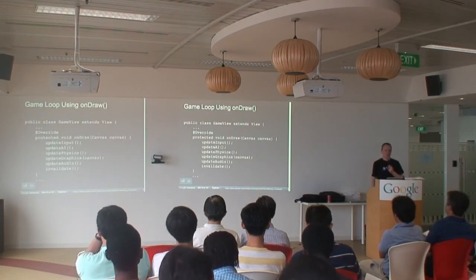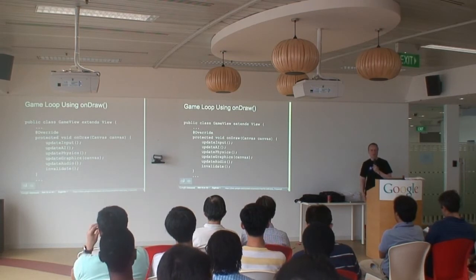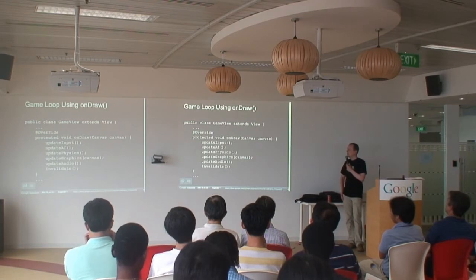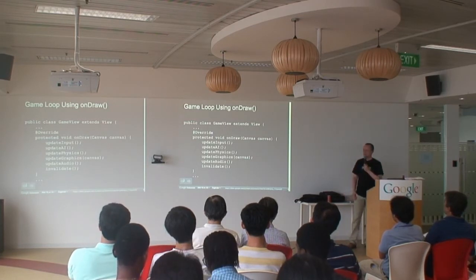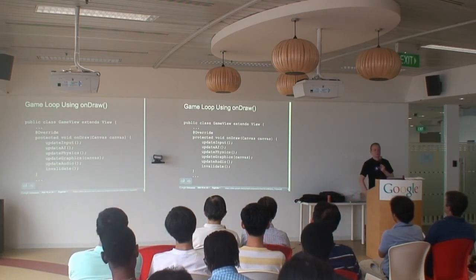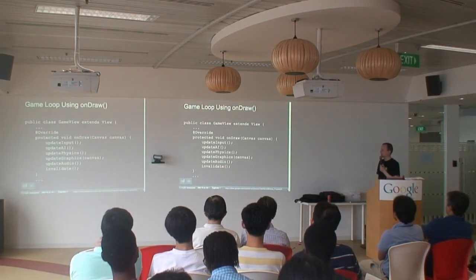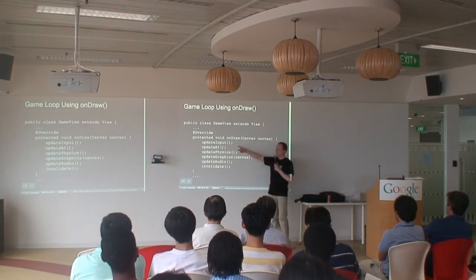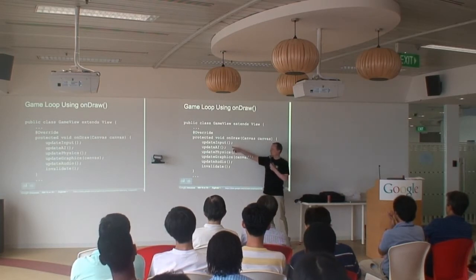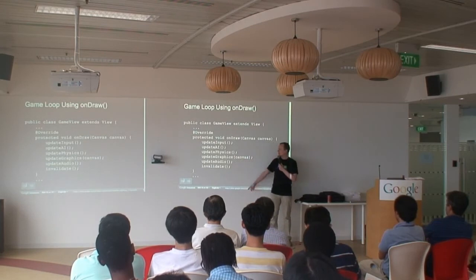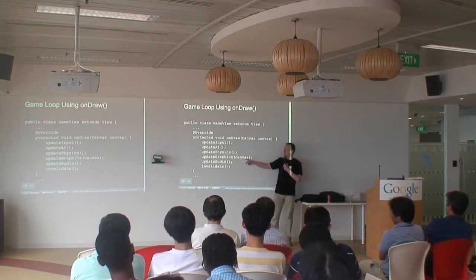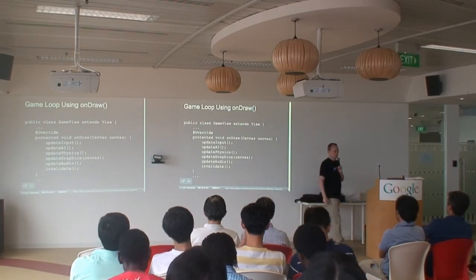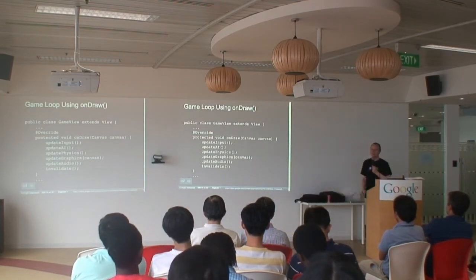So one way of doing this in Android is to just use the onDraw method, to override that in the view. Then you automatically get the canvas object here, and you can call your internal methods to update input, AI, physics, and then you have a separate method to update the graphics and you pass the canvas object to that method, so that you can draw on the canvas.